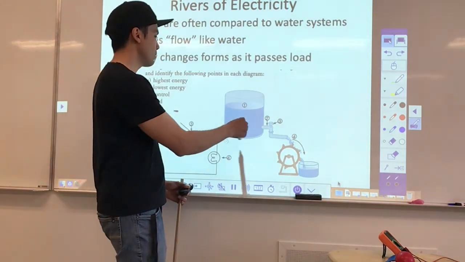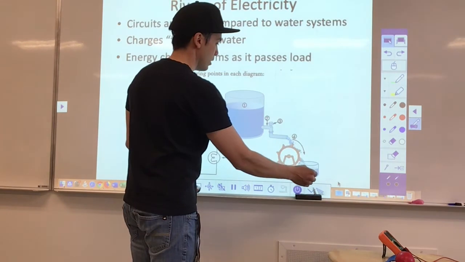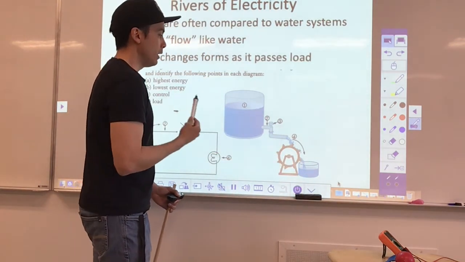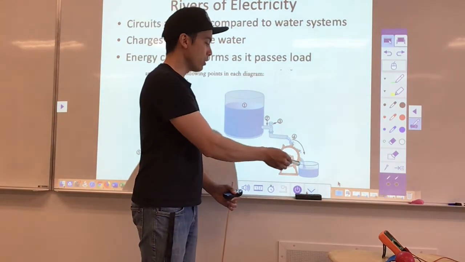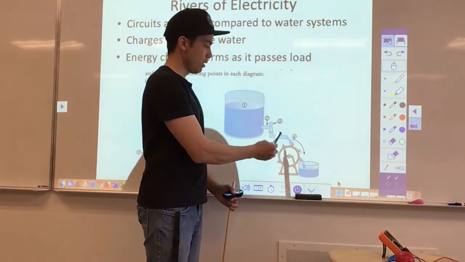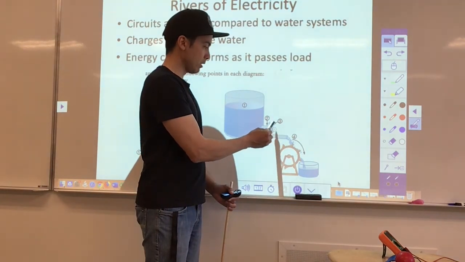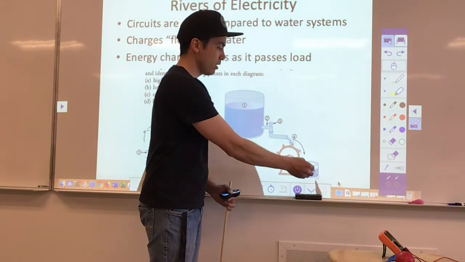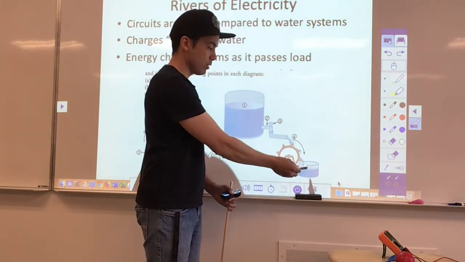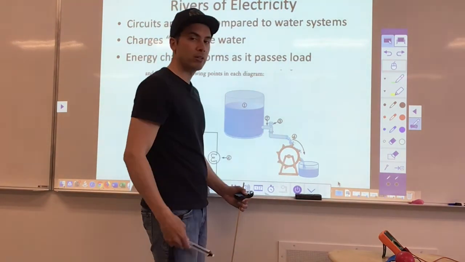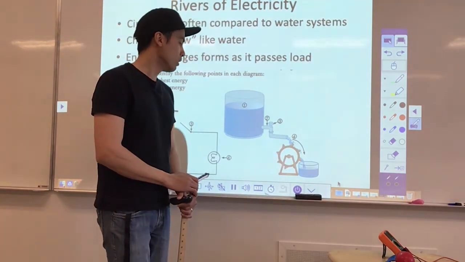So our highest energy point is here, our lowest is going to be at this point right here. We also want to be able to control the flow of water, and so that's why we have this little valve right there, so we can turn it off. Maybe there's a lot of water right here. This container's not as big. If this one fills up, we don't want to make a big mess, have it spill over, so we can use that control to stop the flow of water.